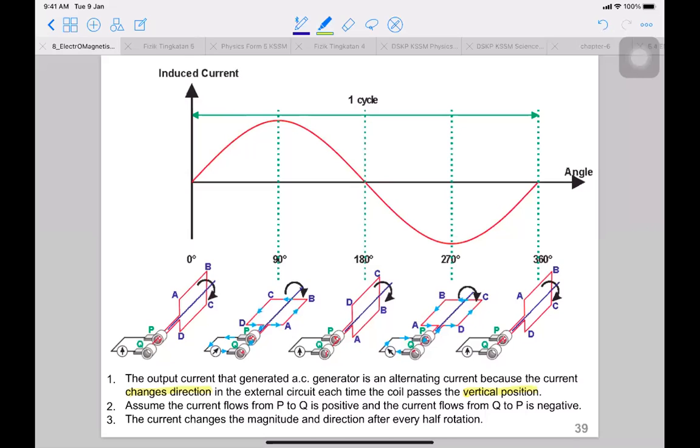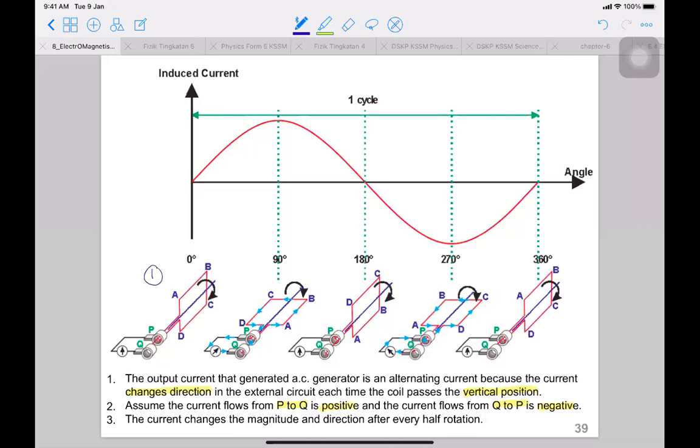Assume the current flows from P to Q is positive. And the current flows from Q to P is negative. Okay, P to Q we assume as positive direction and Q to P is negative direction. The current changes the magnitude and direction after every half rotation. Okay, so we start with this position number 1.